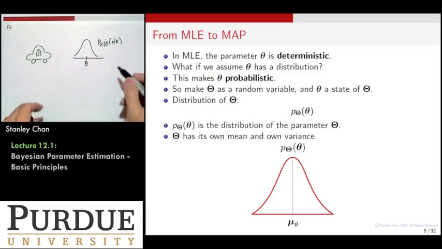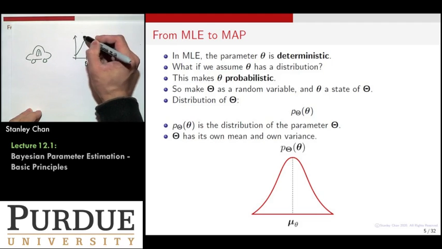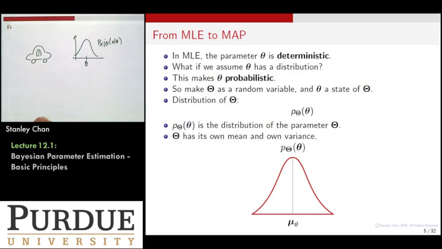Theta is your mean, and x is your sample. x is the measured speed, theta is the actual speed. Now you have an actual speed and a measured speed. Because of the uncertainty of the device, the measured speed has a certain distribution. Is that clear? So you have x and theta.